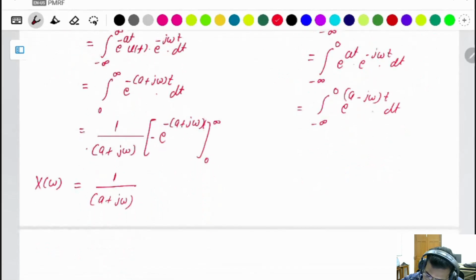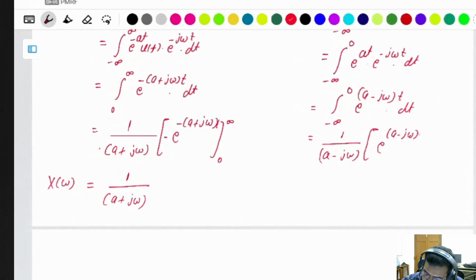If you integrate this with respect to t, then it will be 1 over (a minus j omega) times e to the power (a minus j omega) t from minus infinity to 0. If you put 0, that value is 1, minus if you put minus infinity, then e to the power minus infinity is 0. Then the Fourier transform of that signal will be 1 divided by (a minus j omega).